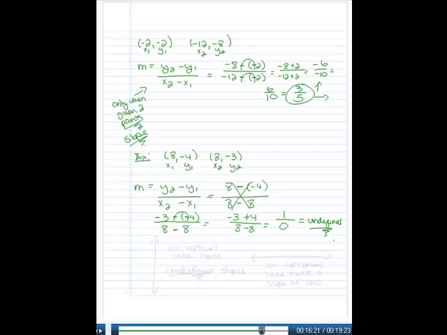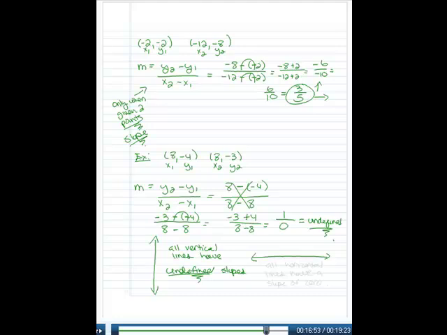Whenever a slope is undefined, it's always the same kind of line, and that is a vertical line. All vertical lines have undefined slopes, all of them, every last one of them, which brings us to another special case, horizontal lines.